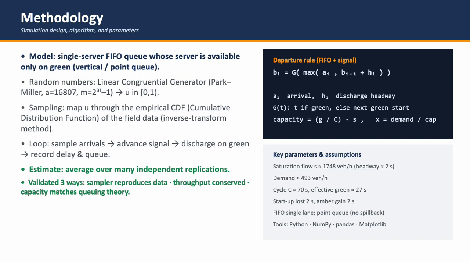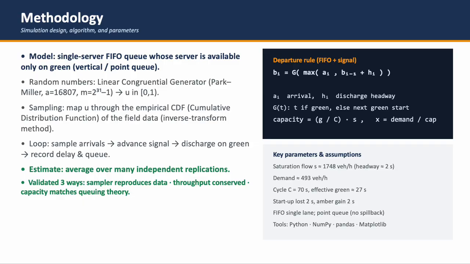It produces uniform numbers between 0 and 1. Then, to turn those uniforms into realistic arrival gaps and headways, I map them through the empirical cumulative distribution of the field data. That's the inverse transform technique.